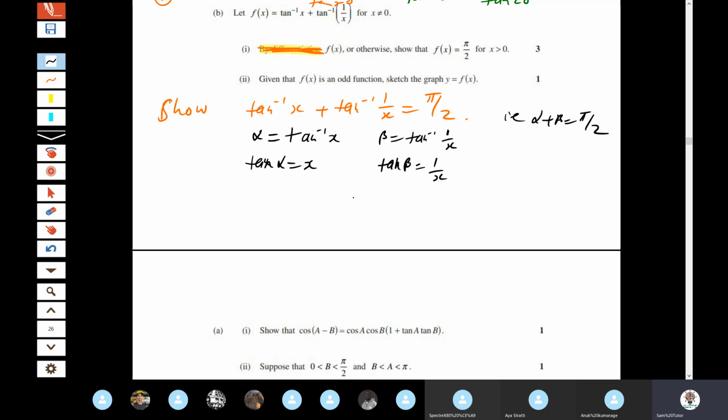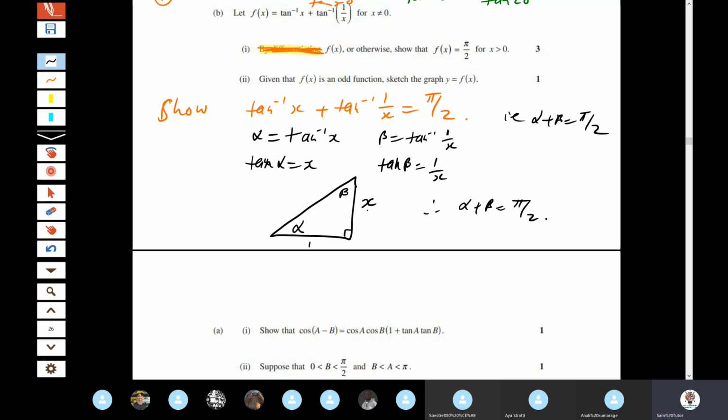Aya, did you get it out? Almost. This is alpha, opposite over adjacent, so this is x over 1. Beta is opposite over adjacent. Therefore, alpha plus beta must equal pi on 2.